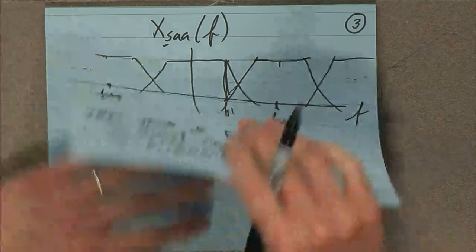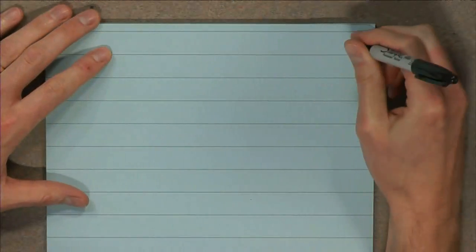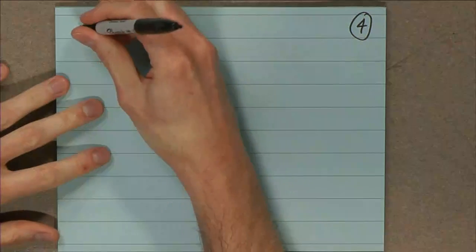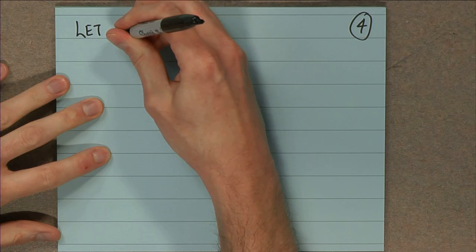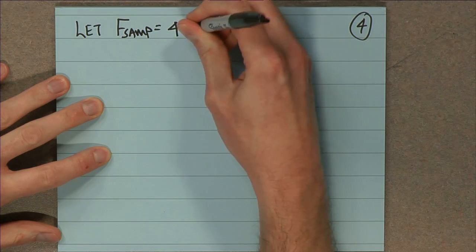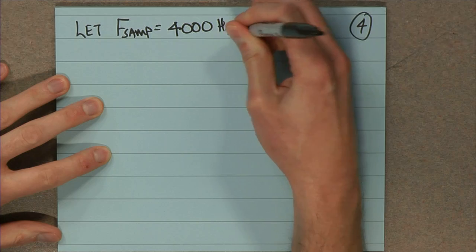Right at the end where we quit, I said, let's redraw the picture, and now let's be a little more serious about where the signals lie. Let fsamp equal 4,000 hertz.